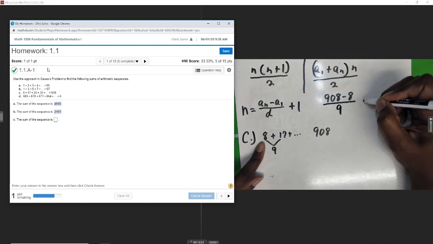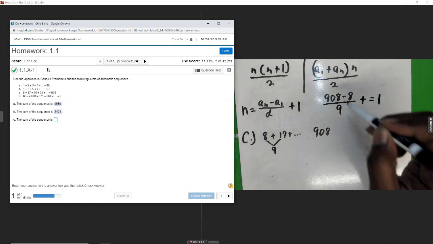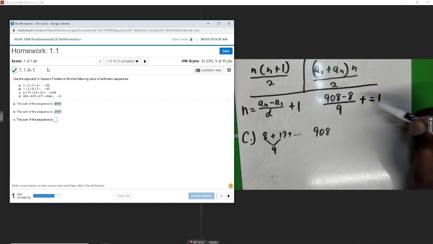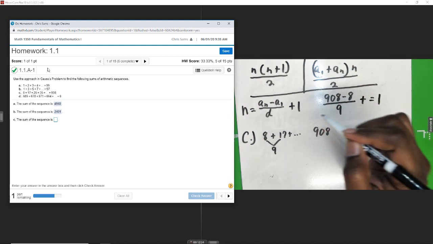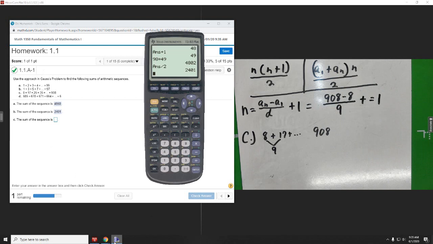And then you have to add 1. Okay, this is going to allow us to plug into this formula here at the top. So this is just allowing us to find n. Okay, so I'm going to pull up my calculator. We're going to do 908 minus 8.